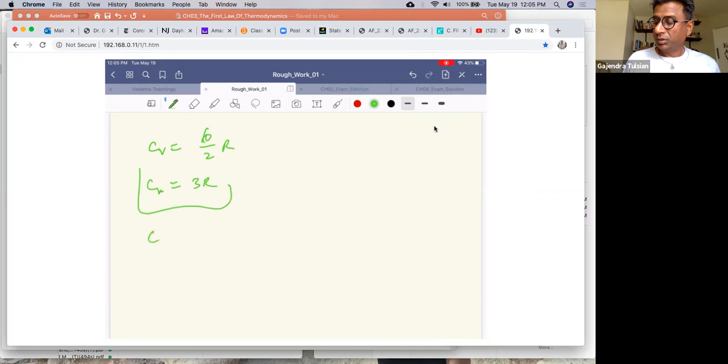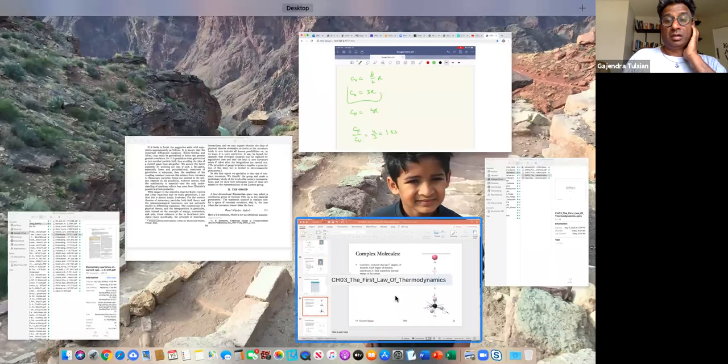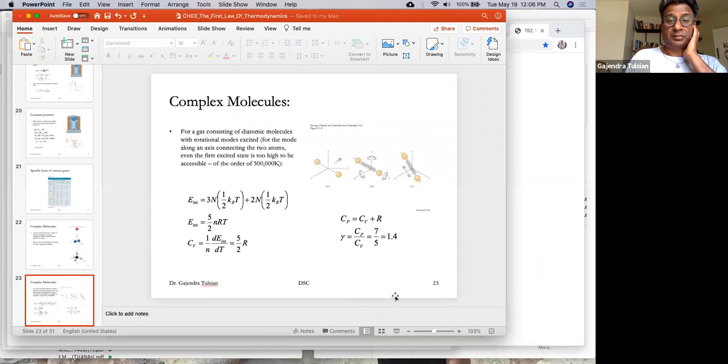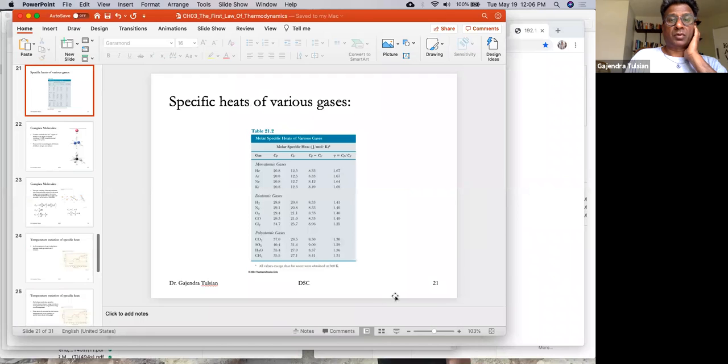And so Cp is 4R. Cp by CV is 4/3, 1.33. And you see that here. So roughly 1.33.